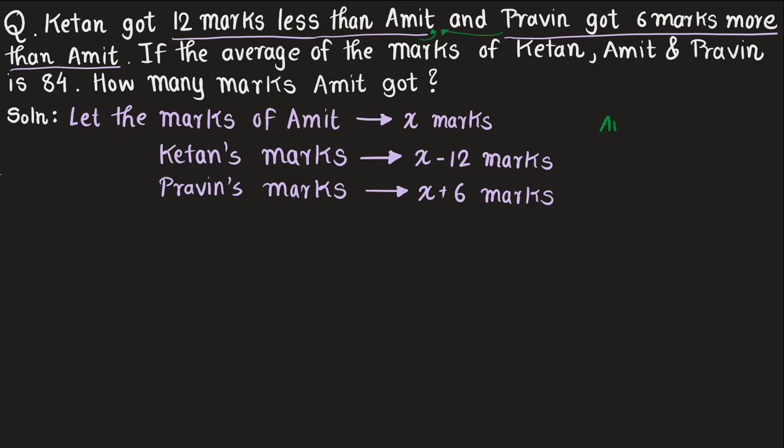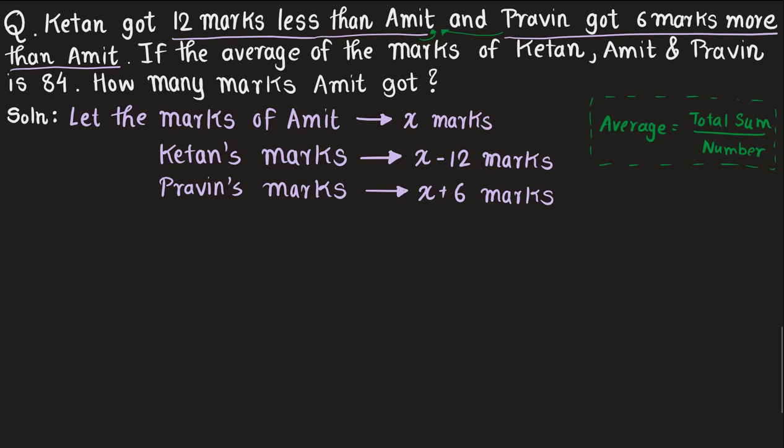So average, I'll write in the corner, is the total sum divided by the number of persons, that is the sum of their marks divided by the number of persons who got marks in this case. So this is the formula of average we have to keep in our mind.